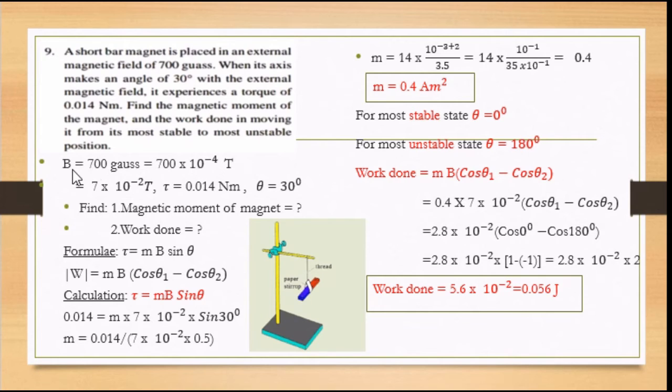So B is 700 into 10 raised to power minus 4. Again this is 7 into 10 raised to power 2 and into 10 raised to power minus 4. So 2 minus 4 is minus 2. So B, the magnetic field, is equal to 7 into 10 raised to power minus 2 Tesla.